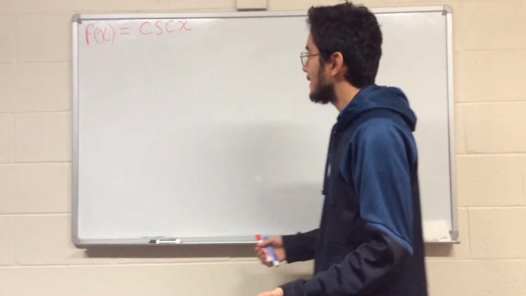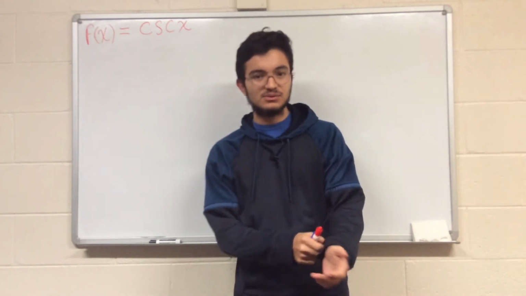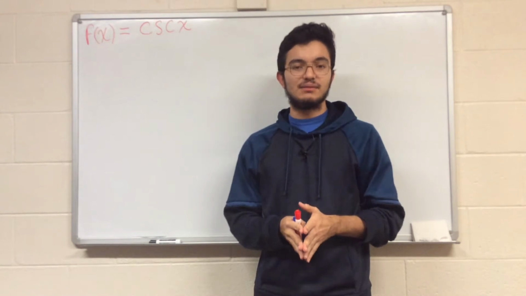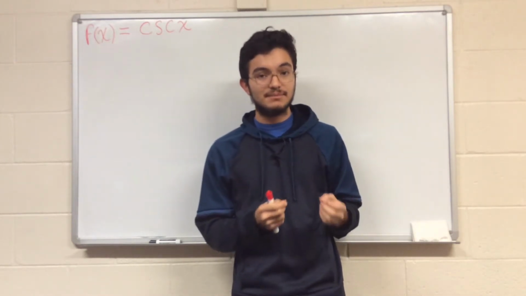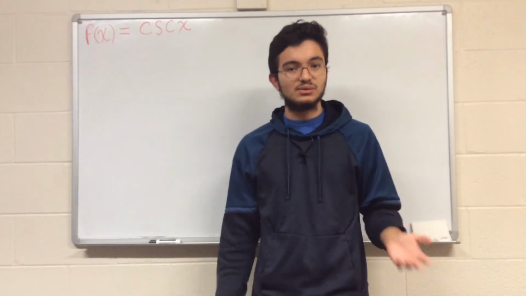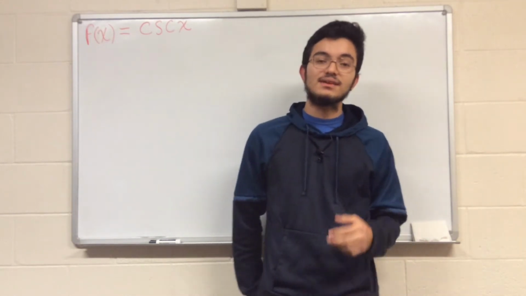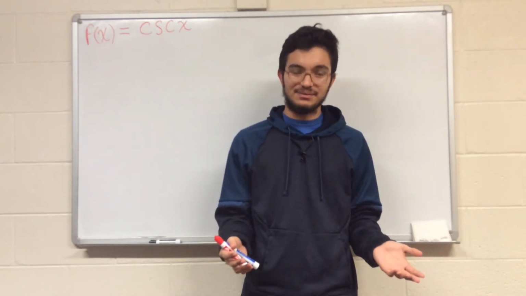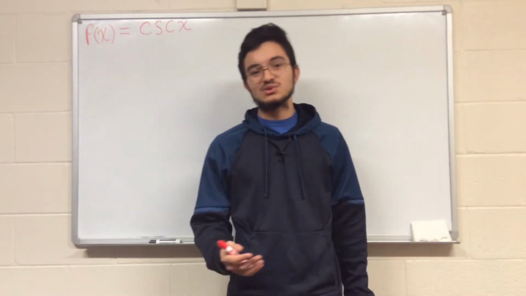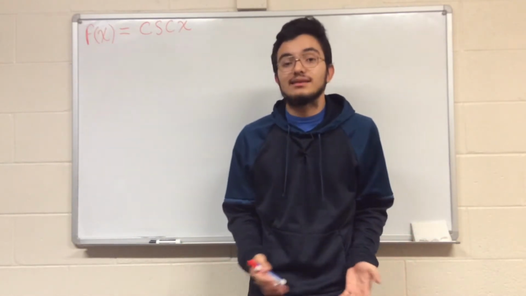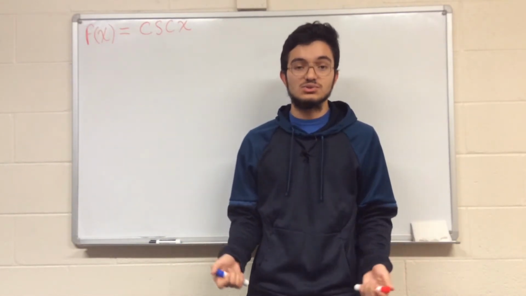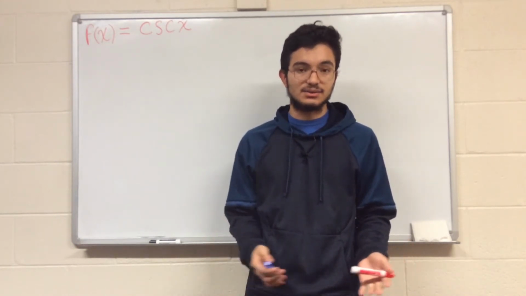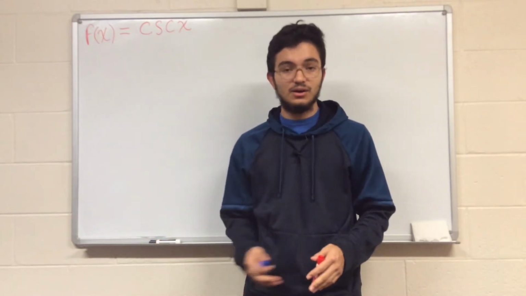So in Calc 2, Calc 112, we learned a bunch of things that are very math heavy, like methods of integration, stuff like that. But I think the most important of all topics that we learn in Calc 2 is Maclaurin and Taylor series, because these are probably the most practical tools that one can use in any technical career that has to do with science, math, engineering, all these things.